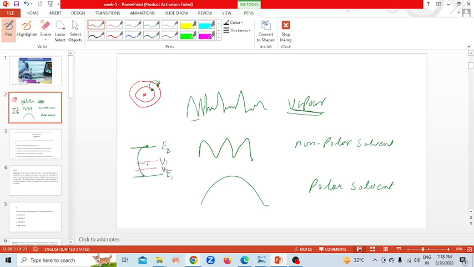Here there will be some rotational states also, R1, R2. So there are different types of energy states.